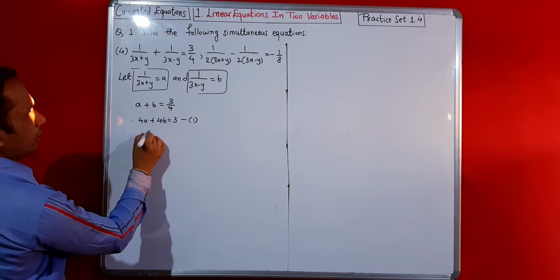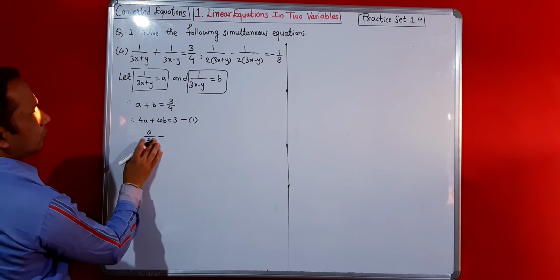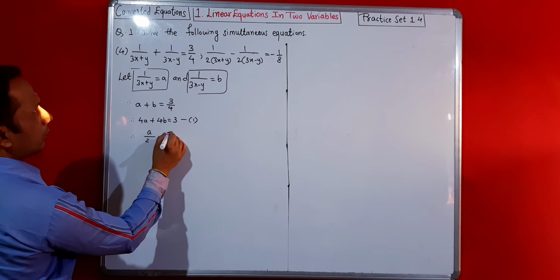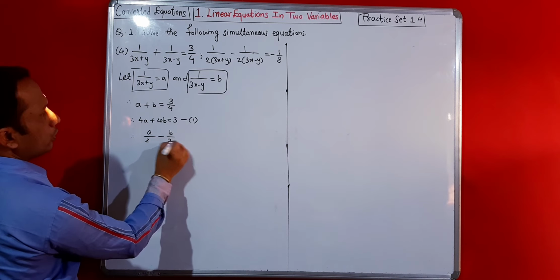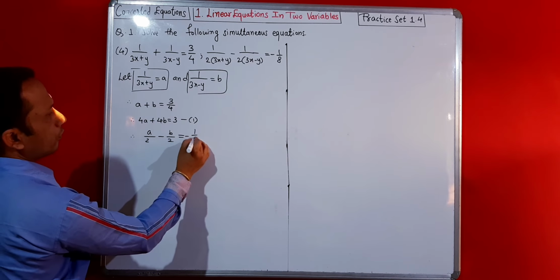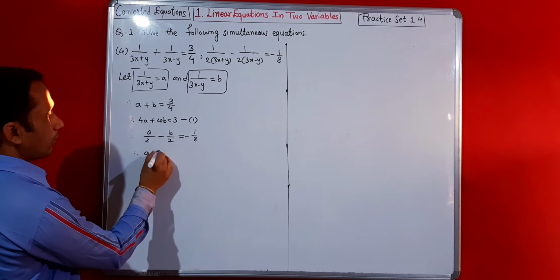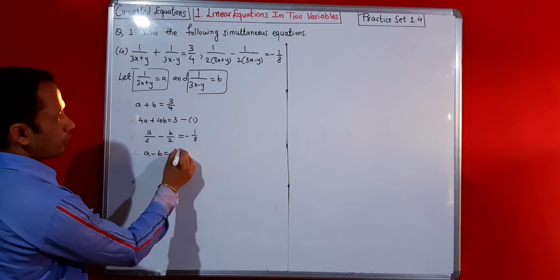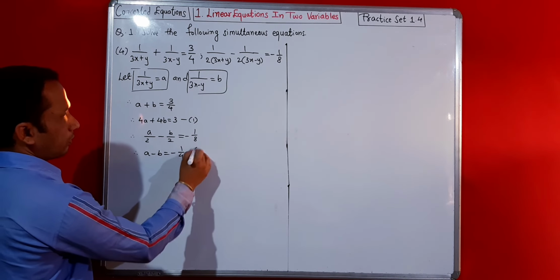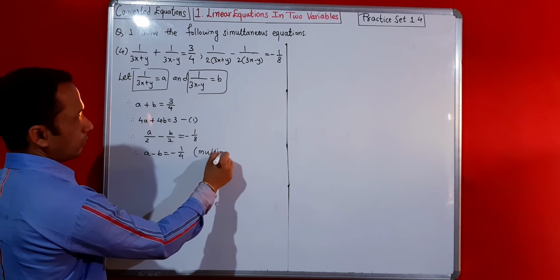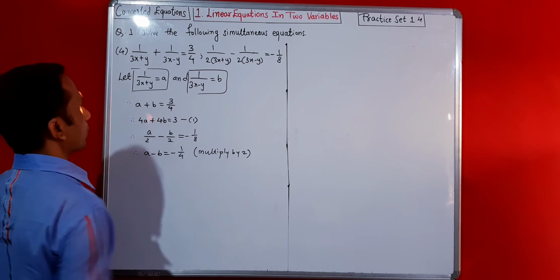In the second equation, it is a upon 2 minus b upon 2 is equal to minus 1 upon 8. So multiply by 2 and you will get a minus b is equal to minus 1 by 4.